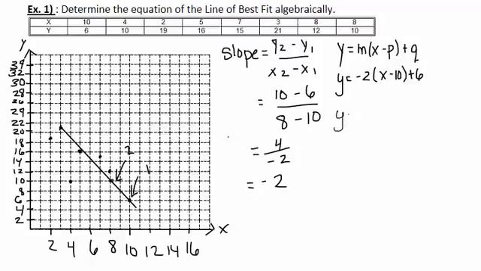So now I'll distribute the slope. And finally, y equals negative 2x plus 26. And this is the equation of the line of best fit.